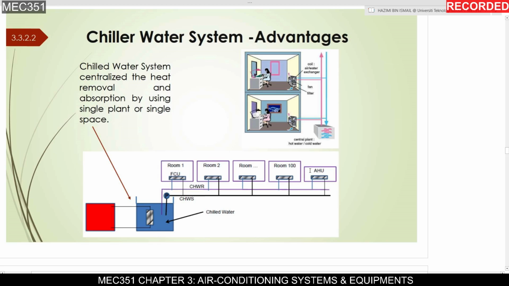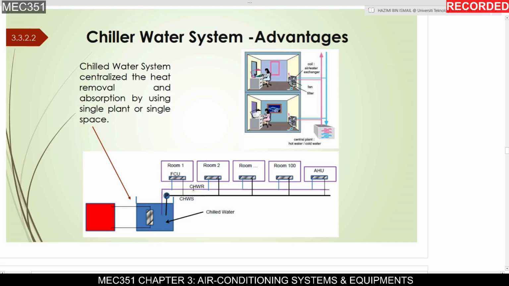The energy or heat that is absorbed by the AHU will be passed through to the chill water return here. Okay, if you find a blue pipe in the ceiling around our FCAM building or any shopping complex or any building, it will have a certain symbol, CHWR and also CHWS.